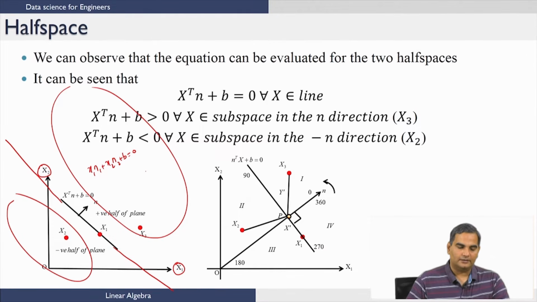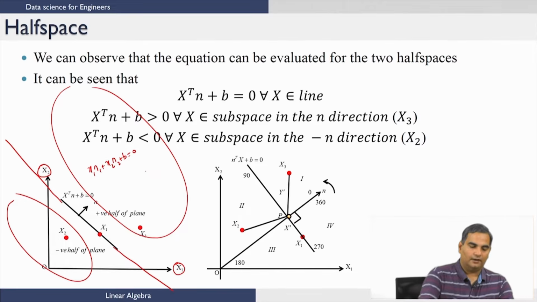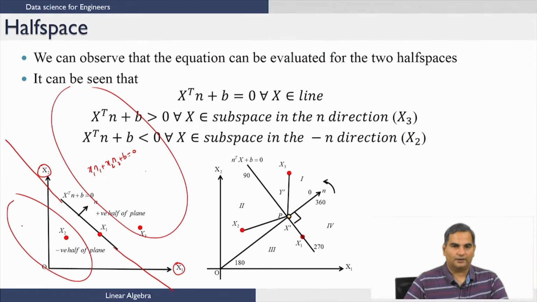Now, the question that we have is the following. If there are points on one half space and points on the other half space, is there some characteristic that separates them? For example, can I do some computations for all the points on one half space and get some value, and some computation for all the points on the other half space and get some value, and use that to make some decisions?